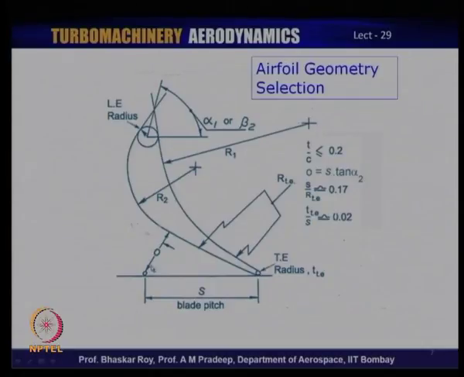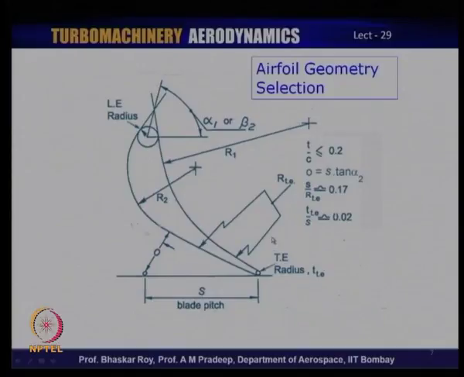Now, this throat area is very important for stator design, because in many stators that throat is likely to provide sonic flow, and that is related to the blade pitch that you are getting. Of course, if the pitch is more, the throat is going to open up. So, it is given here in terms of O equal to S into tan alpha 2.